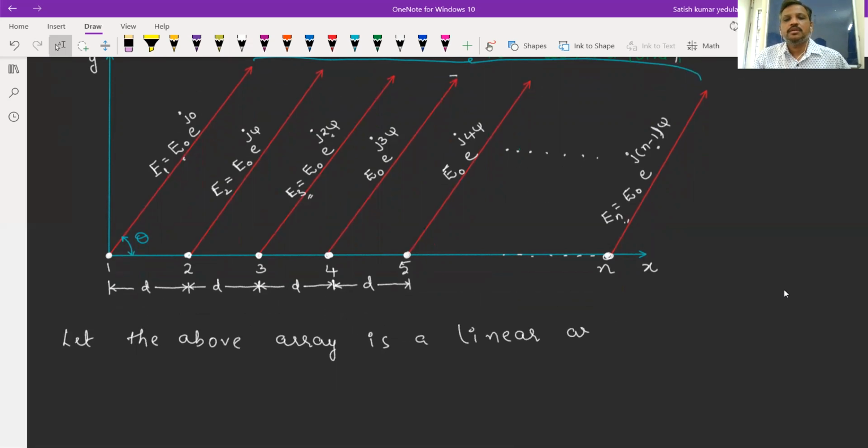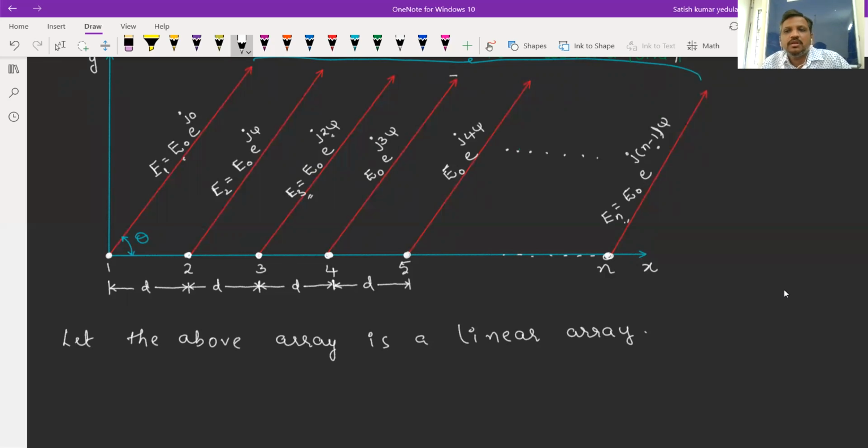An array is said to be a linear array if the separation between any two adjacent elements is d, and it is the same for all the cases. That means the separation between the two elements in an antenna array will always be the same for all the n number of elements. That's what is called a linear array, and it is also a uniform linear array.